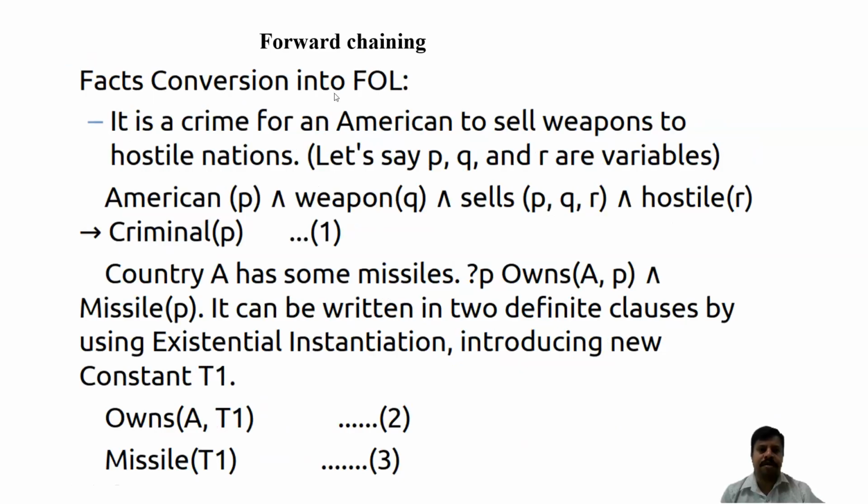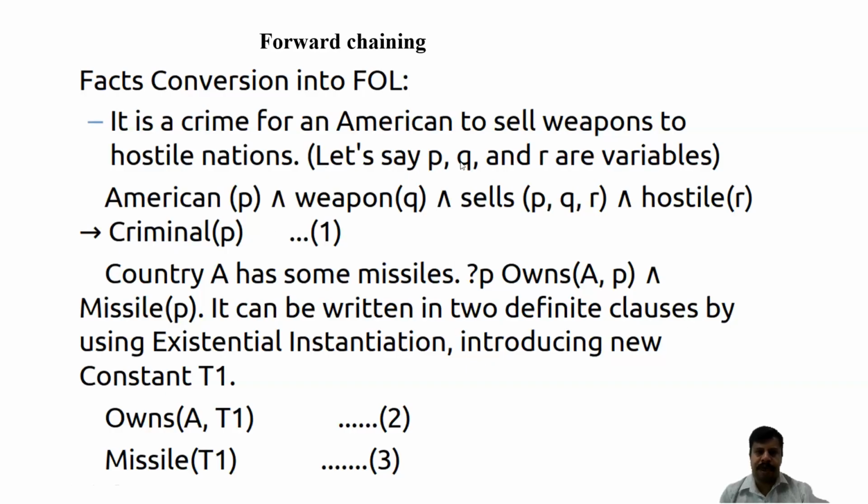Forward chaining: what are the facts to be converted into first order logic? The fact is, it is a crime for an American to sell weapons to hostile nations. Let us assign variables P, Q, and R as propositions.